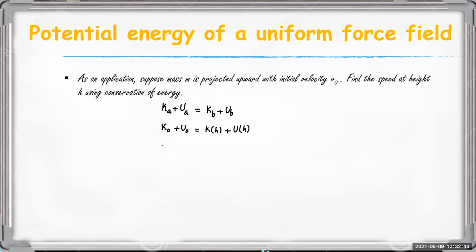Substituting the expressions of kinetic energy, it is half m v0 squared plus 0, that is equal to half m v of h squared plus mgh.